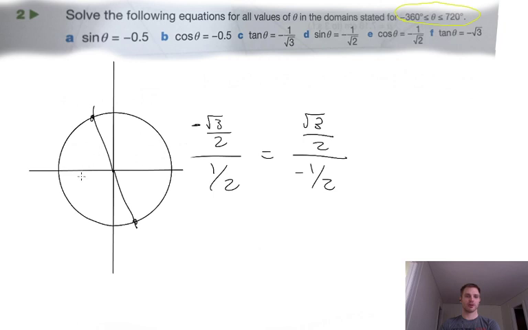And this is pi over 3, this is pi over 6. Sorry, I think I said that backwards. This is pi over 3, this is pi over 6. So 90 plus pi over 3 gives us this angle. So here's 90, and here's another pi over 3.